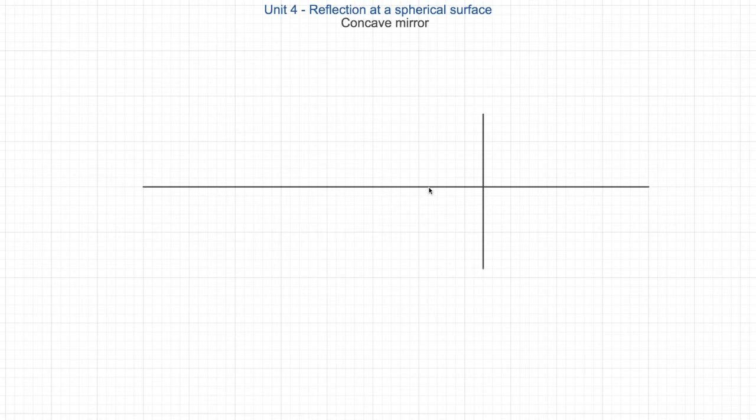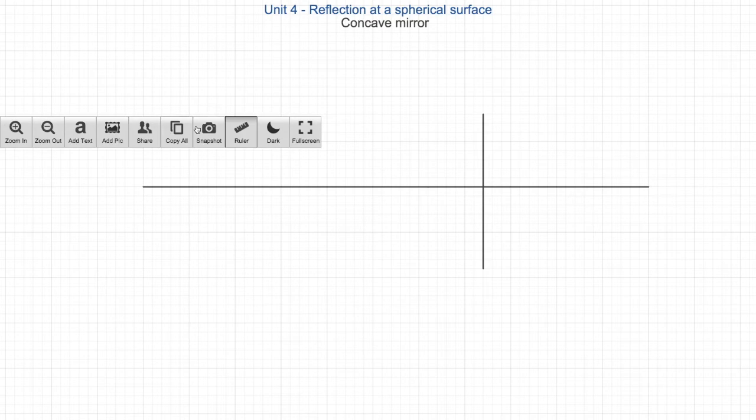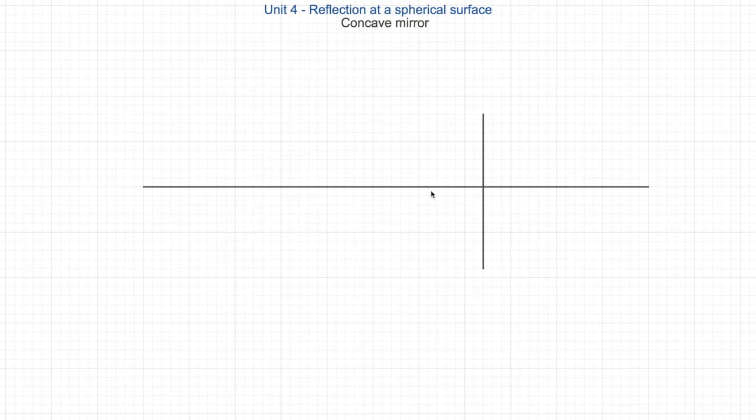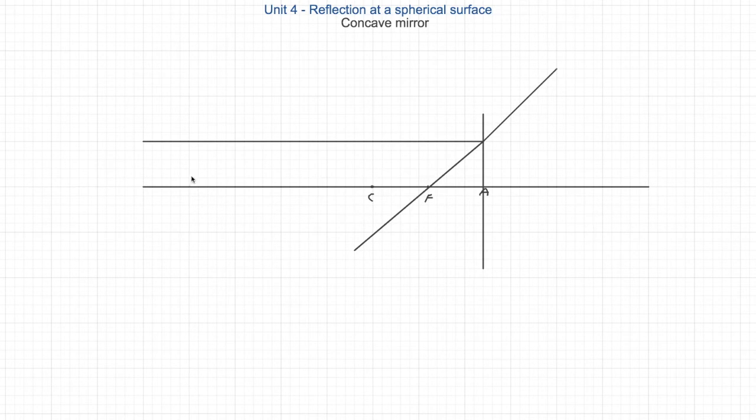And by placing my center and my focal point on the left side, we know it is a concave mirror. F is halfway between C and A. And we'll draw our horizontal line from infinity, send it through F, and we'll extend it both ways like that.